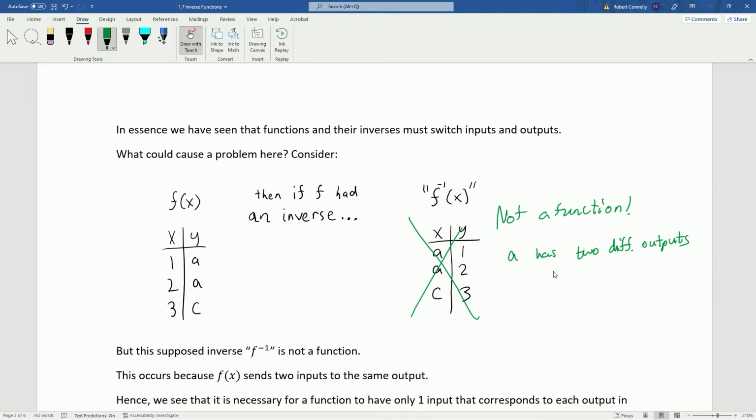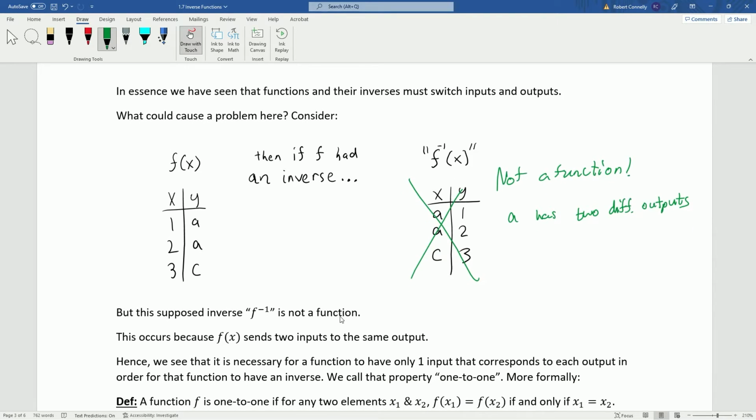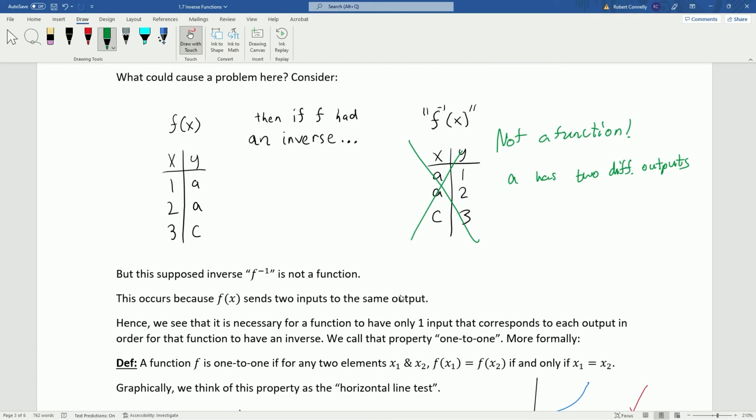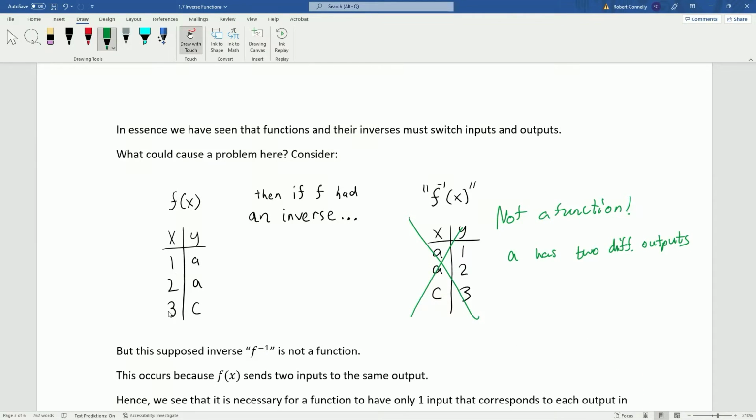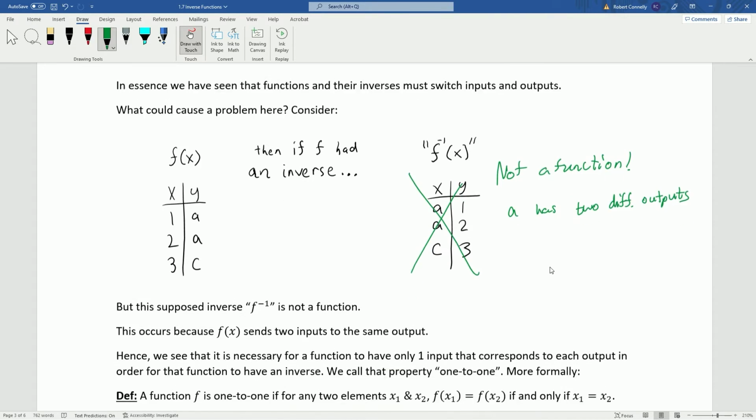That makes it not a function. So since f inverse is not a function, what restriction do we see that we need here? Well, it's necessary for a function to have only one input that corresponds to each output in order for that function to have an inverse. We can't have two inputs going to the same thing, or there won't be an inverse function.